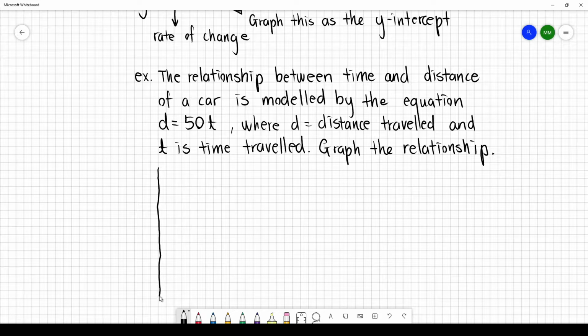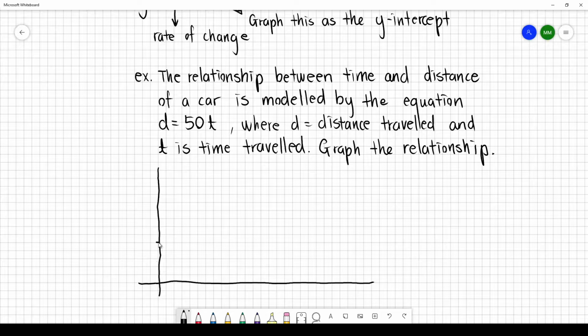So I'll set up the graph, something like this. And so it goes up, so 50 here is the slope, right? So that means for every time I go across, I will go up 50. So I probably want the increments to be a bit different for the different axes.